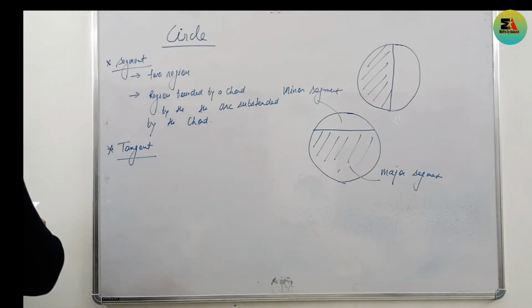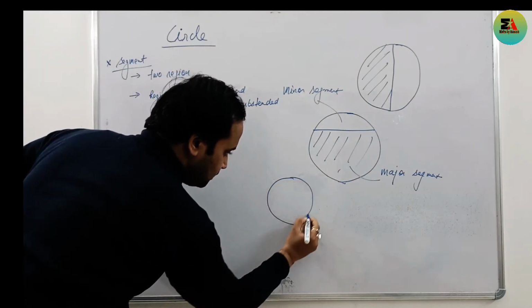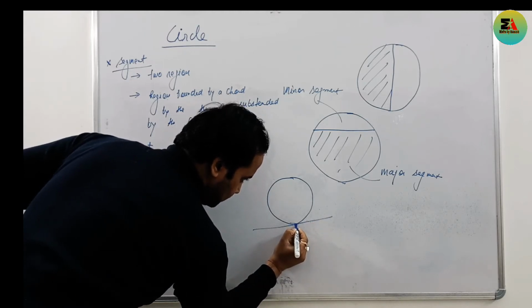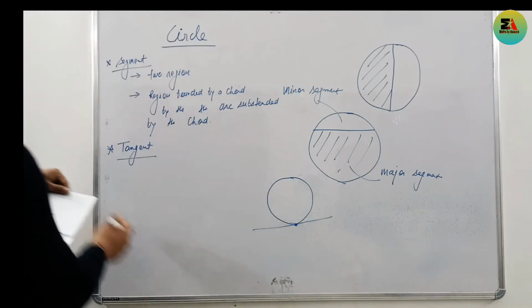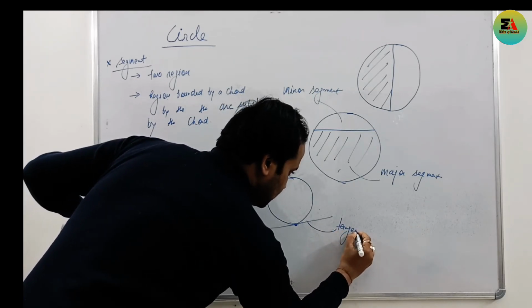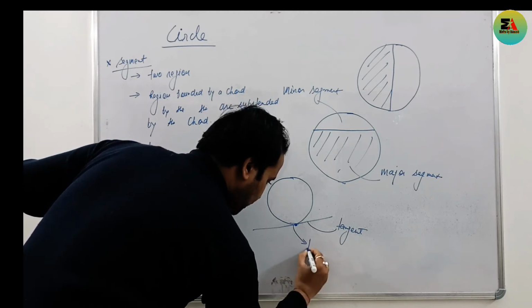What is a tangent? Suppose this is a circle and we have a line. This is a tangent and this is the point of contact.